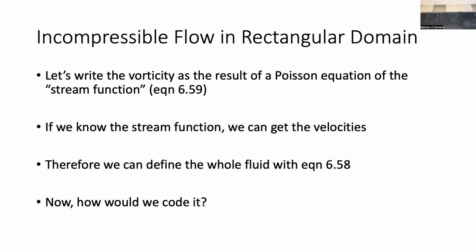Omega i minus 1, minus omega i plus 1, all the way around, and then over two delta space. Finite difference. I can calculate it. Difference, not infinitesimally small. Okay, so that's that.